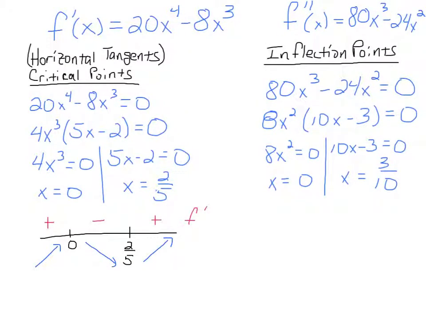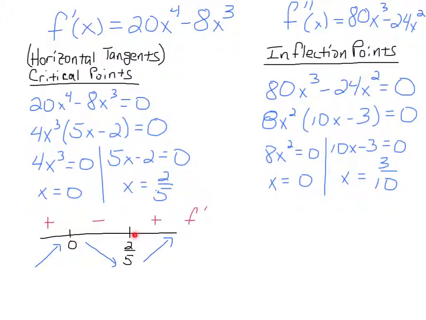So we're going to look here at f prime, which is 20x to the fourth minus 8x cubed, and we're going to look at its zeros. We set the zeros of the first derivative, which are the critical points. And then we want to see where the first derivative is positive or negative. Well, if you use test points, or if you graph the derivative, you'll see that it is above the axis here.